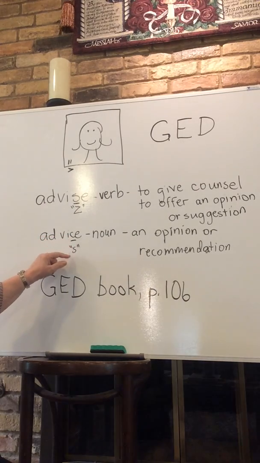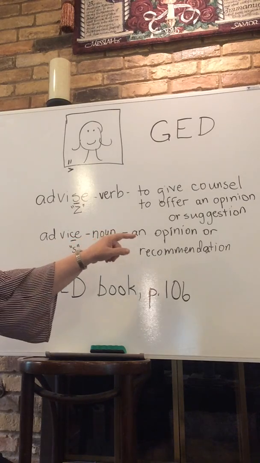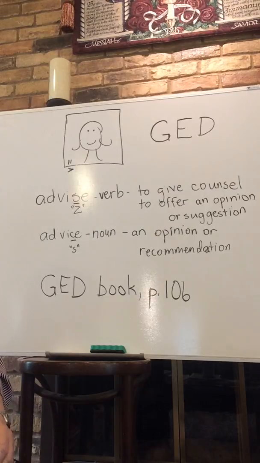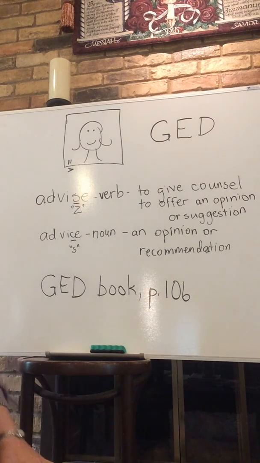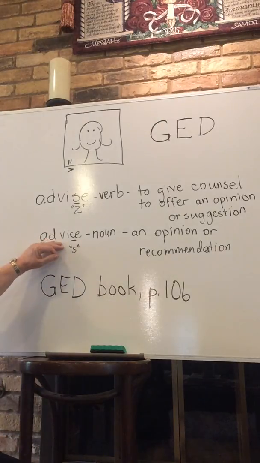Then advice is very similar, but here the C sound makes the S. The letter C makes the S sound. Can you hear it? Advice. Advice is a noun. It is an opinion or recommendation. So you could say, I had a problem and I went to my husband to ask him what to do, and he gave me some advice. It's the noun form.